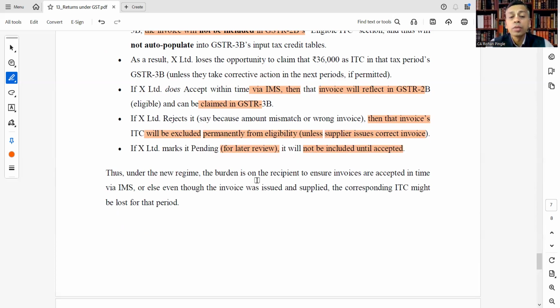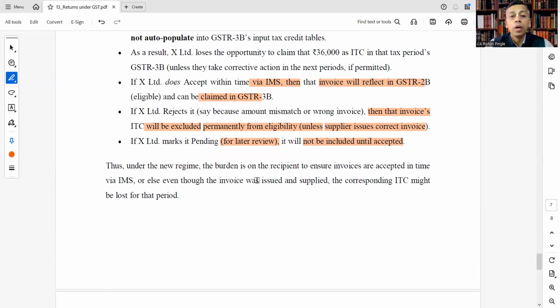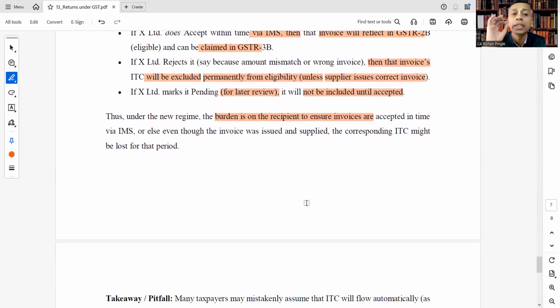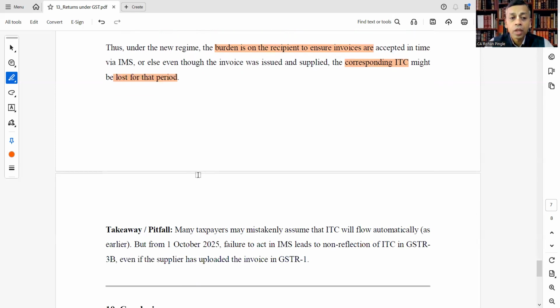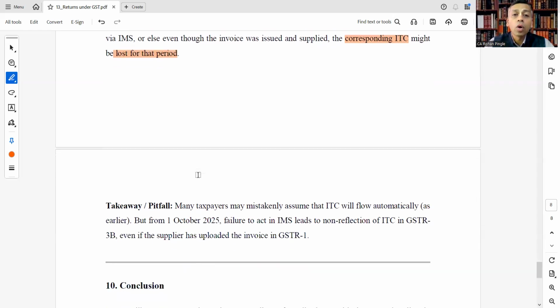Thus, under the new regime, the burden is on what? The recipient. The burden is on the recipient to ensure invoices are accepted in time via IMS, or else even though the invoice was issued and supplied, the corresponding ITC might be lost for that period. So, what would be the takeaway or pitfall?